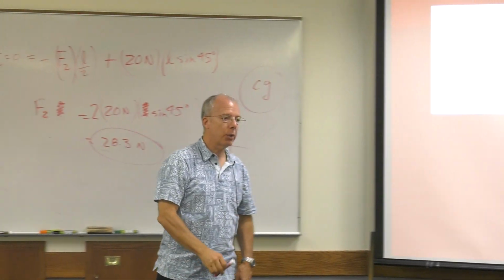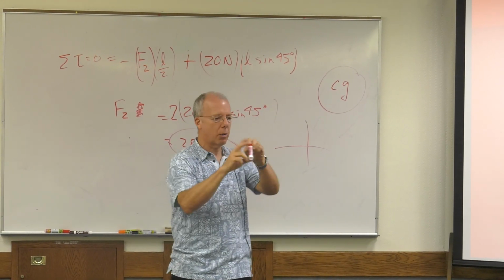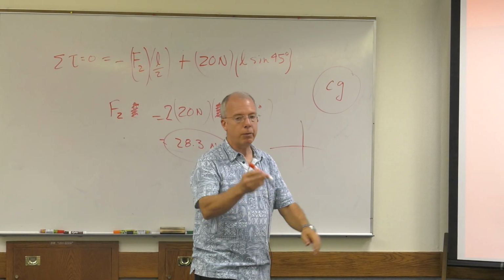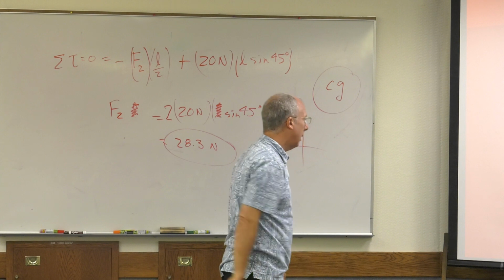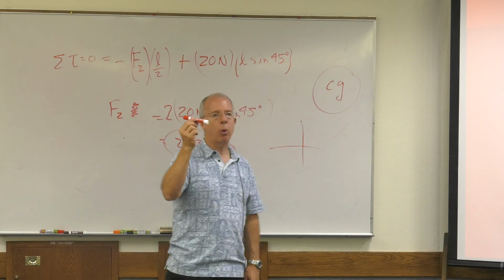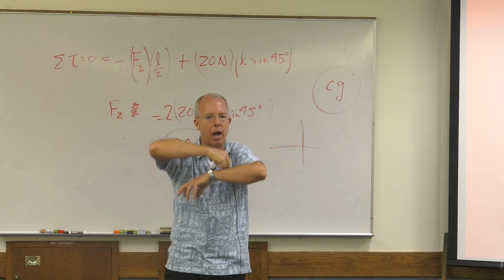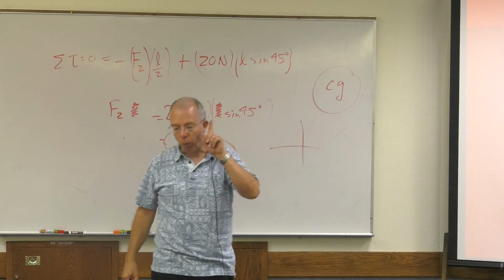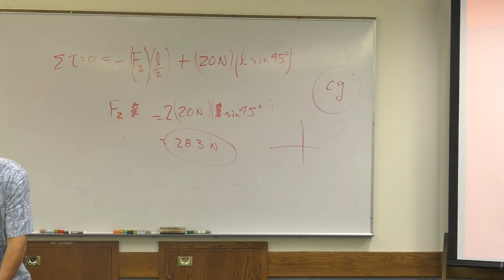Any other point certainly doesn't go in perfect parabolic motion. It goes all over the crazy place. But the center of gravity would undergo perfectly parabolic motion. So the center of gravity is that one point that acts as if all of the mass of the object is concentrated at that one point. Okay? It's also called a balance point.